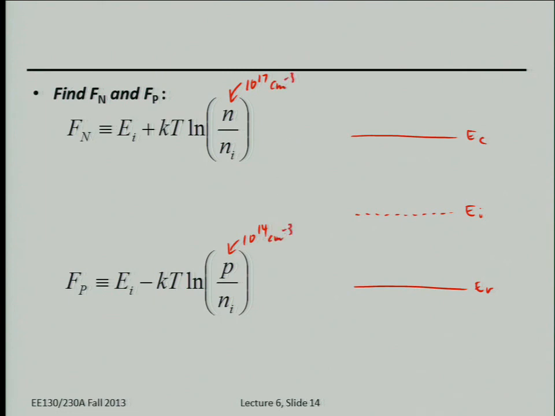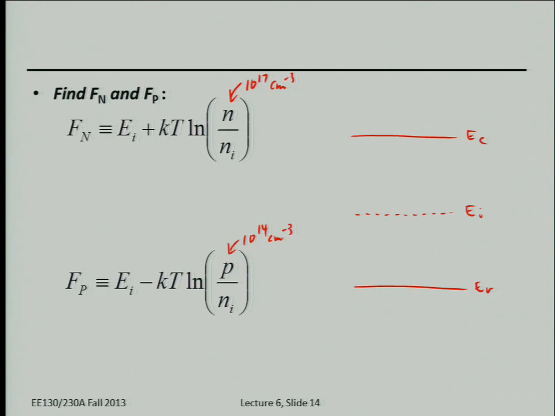This is a great example of what, hopefully, you can do quickly on the quiz. Who can tell me where the Fermi level is? First of all, is the Fermi level for electrons above or below the intrinsic Fermi level? Above, good. Because, why? No, you're right.